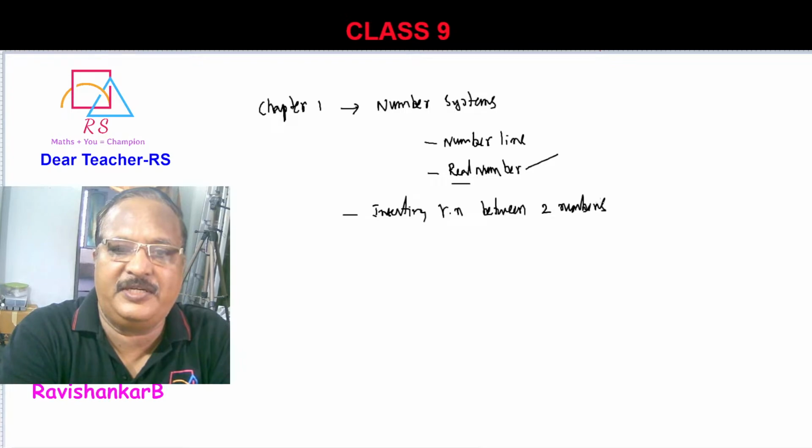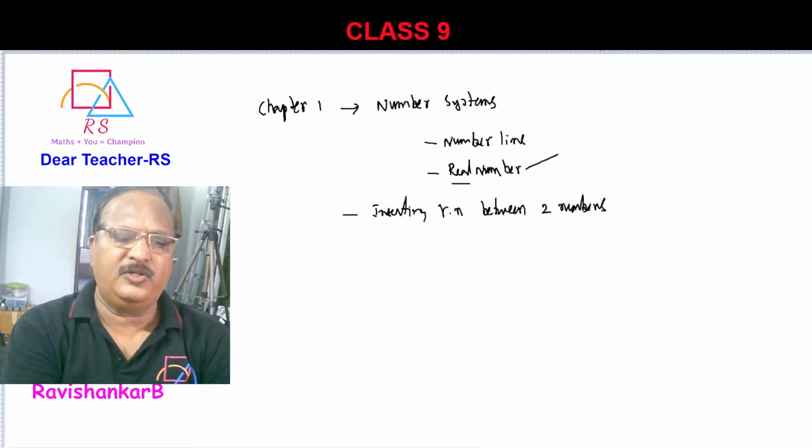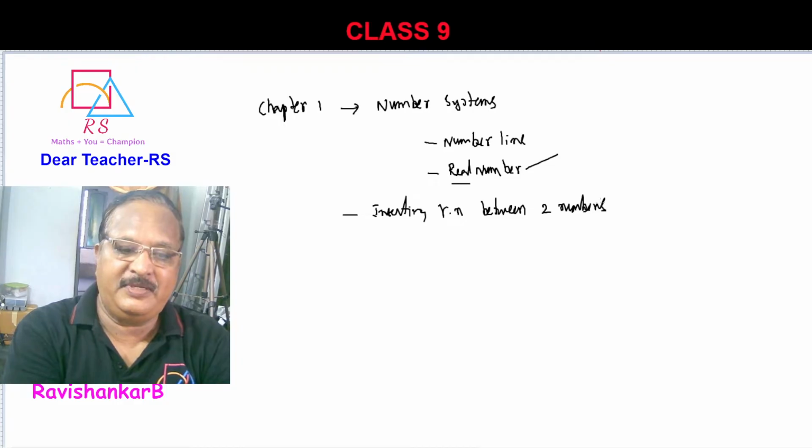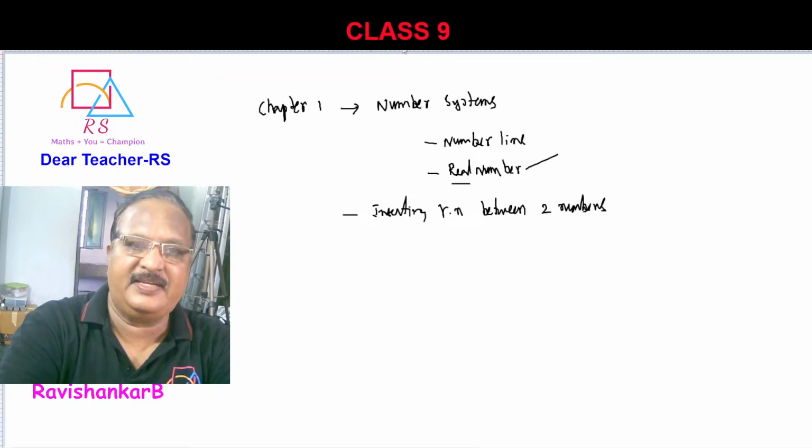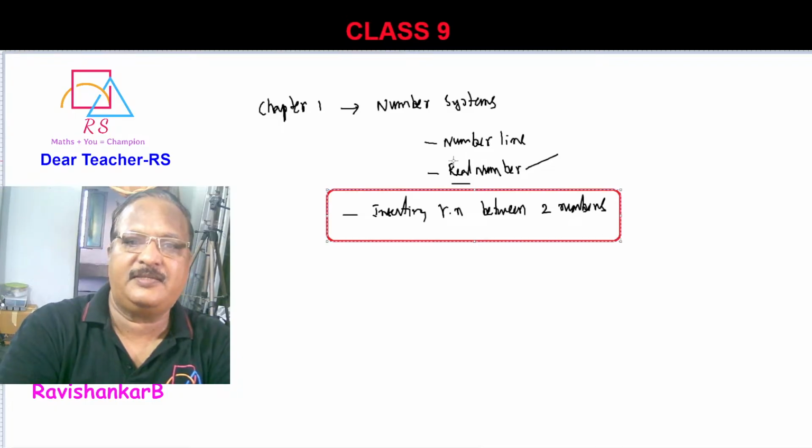Insert two rational numbers between so and so, insert 5 numbers between so and so. This is exercise 1.1. All of you should be able to do this particular question. I'll put it with red color. So, inserting rational numbers between any two numbers.